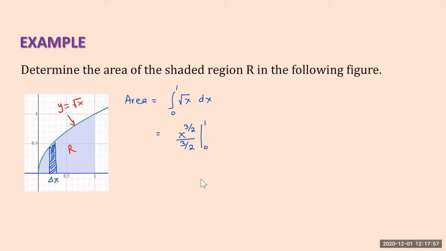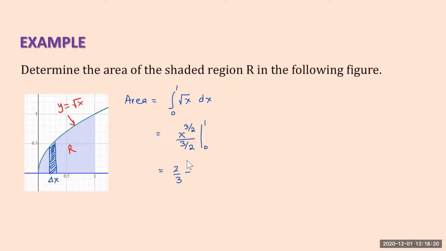Now, we can simplify this using the fundamental theorem of calculus. That is, we plug in the upper limit 1, subtract, and plug in the lower limit 0. If I plug in 1, it will be 1 raised to 3 over 2, which is 1. 1 over 3 over 2 is 2 over 3, because dividing is multiplying by the reciprocal.